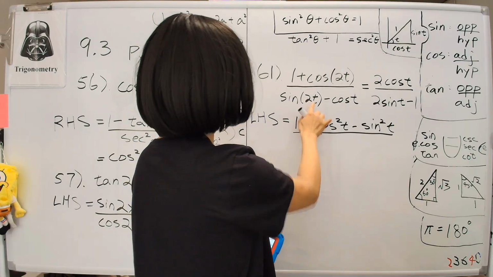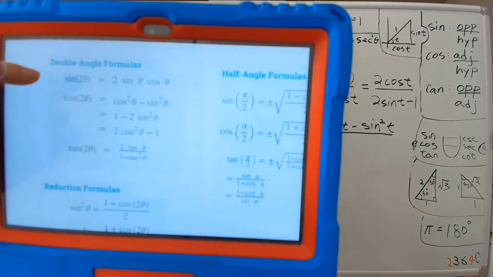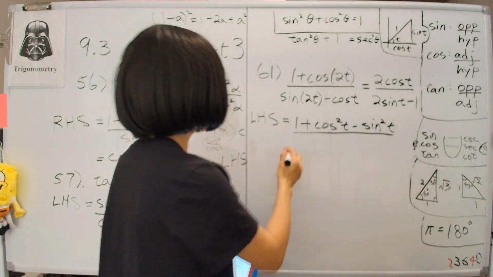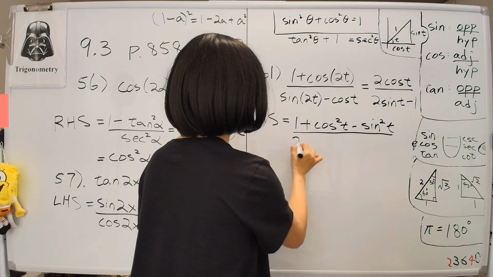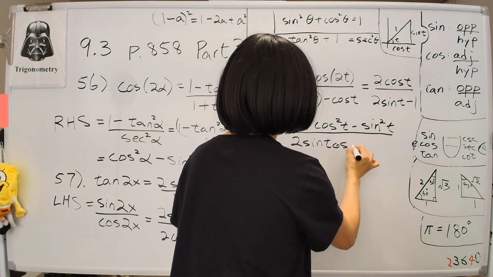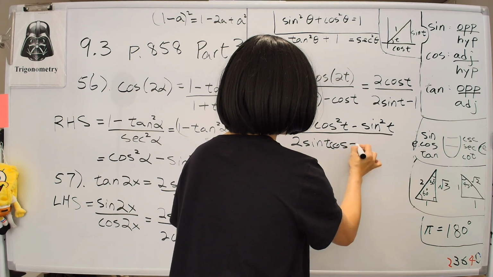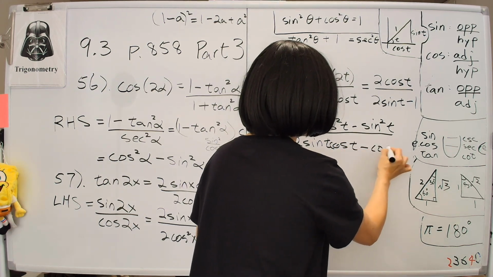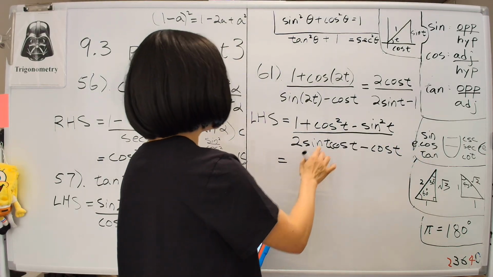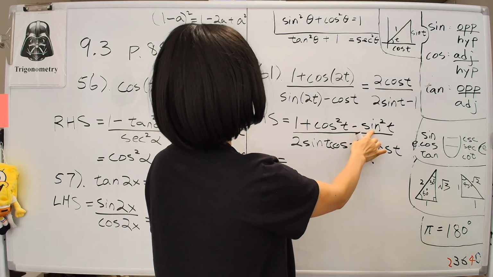Sine 2t has only one formula to follow, so we'll stick with it. Sine 2t is 2 sine t cosine t. So sine 2t then becomes 2 sine t cosine t, then minus cosine of t. The next step: 1 minus sine squared.